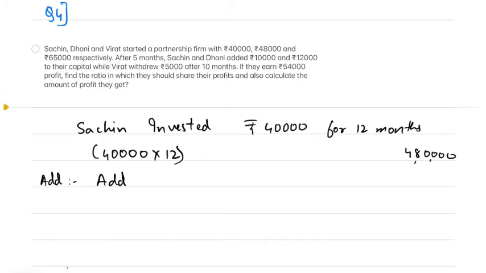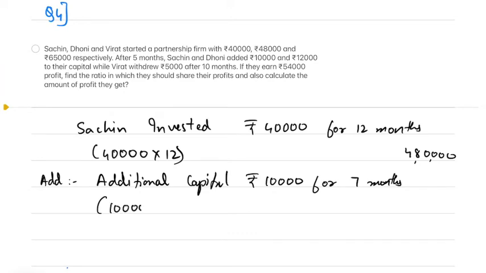Okay. And add additional capital of rupees 10,000 for 7 months.